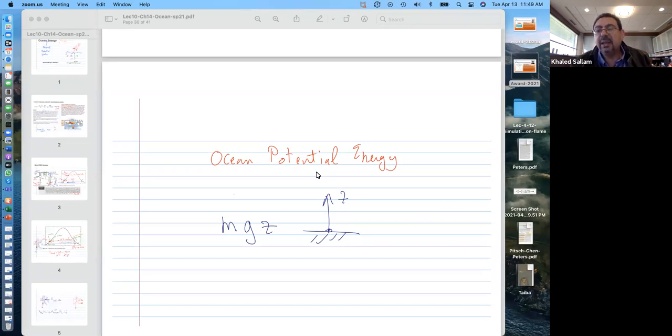All right. The second way we can utilize energy in the ocean is using potential energy. So what is potential energy? It's related to taking something up, right? mgz, that's the potential energy: the mass times the gravity field that you're working against times the height. So if you start here and you drop it, it falls.